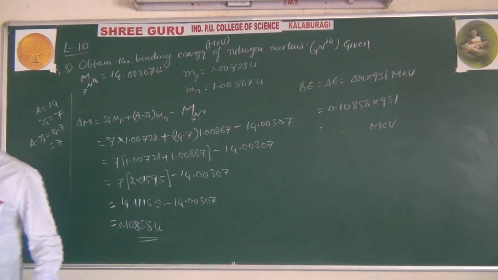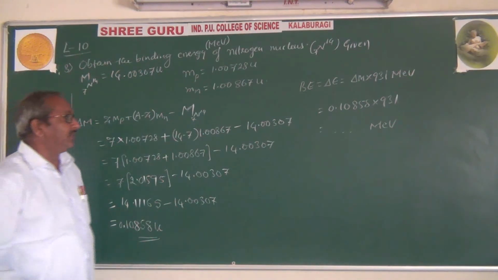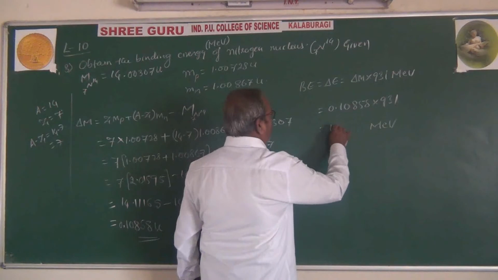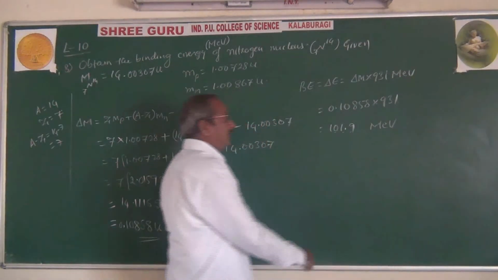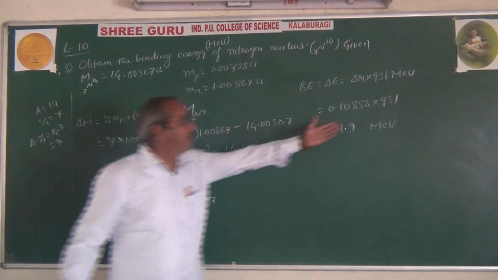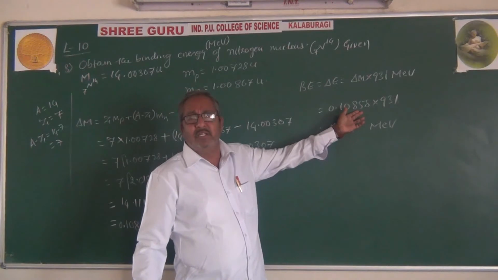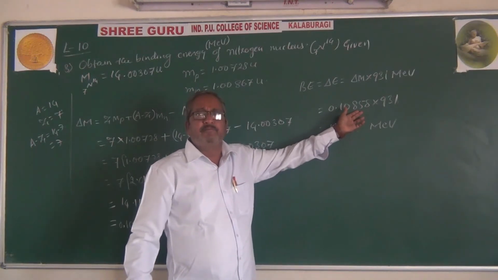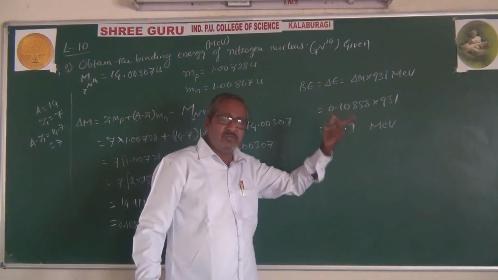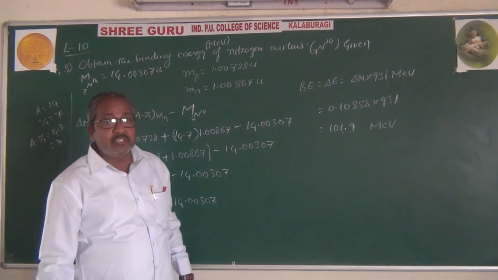After multiplication, you will get the binding energy 101.9 MeV. That is your answer. Using a calculator you multiply 931 into this. Directly multiplying is somewhat difficult, though some people do it, so you can use the calculator, an ordinary calculator, not a scientific calculator. So this is the binding energy.